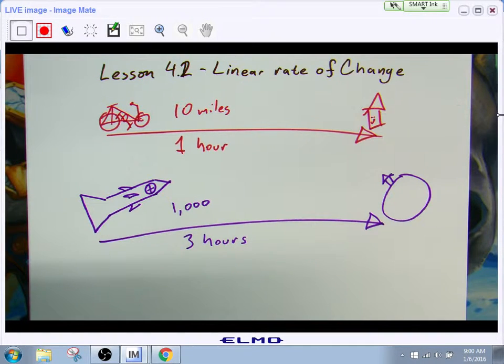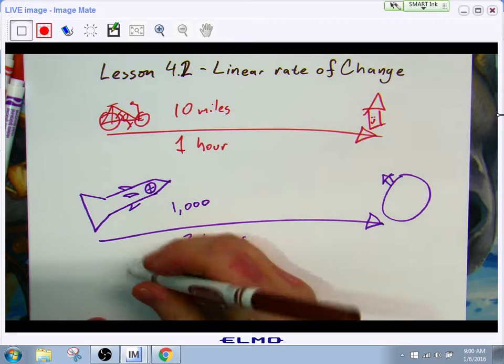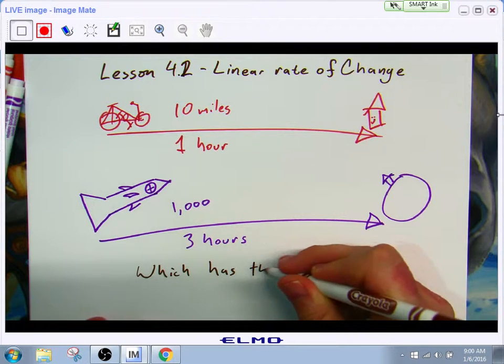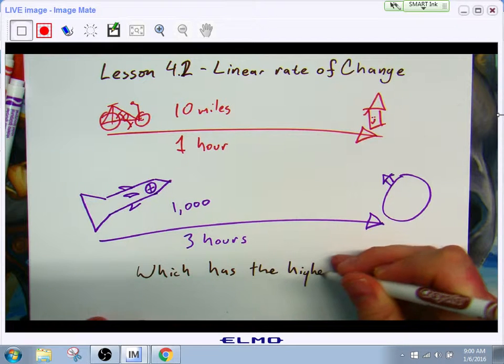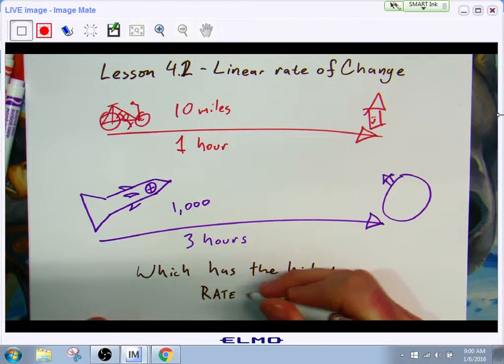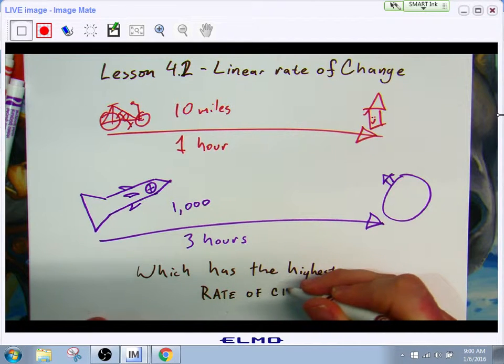Now, I would ask you a question. After seeing all this, I would say, which has the highest, I might say something like rate of change.